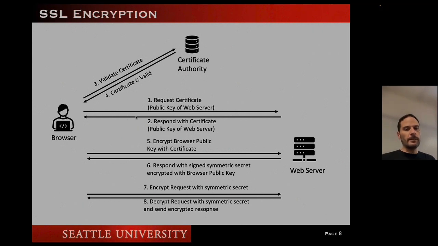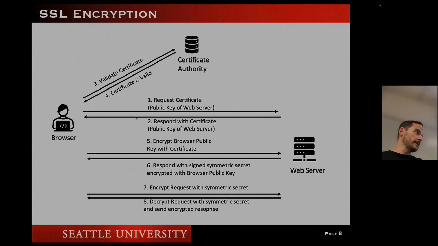It's signed as well when it gets sent back. And so now you have the public key on both sides. You have the private key on both sides, and now you can essentially exchange a secret, right? The web browser generates a secret, encrypts that with the web server's public key, signs it with its private key, sends that over to the server, and then the server is able to verify that it's coming from the browser and is able to decrypt it.